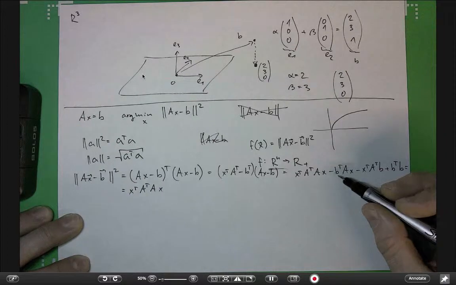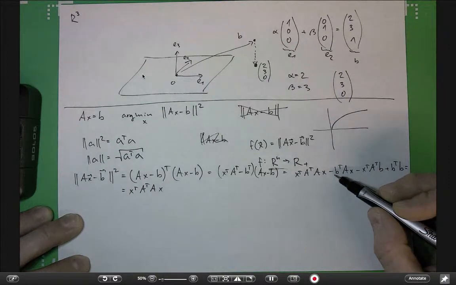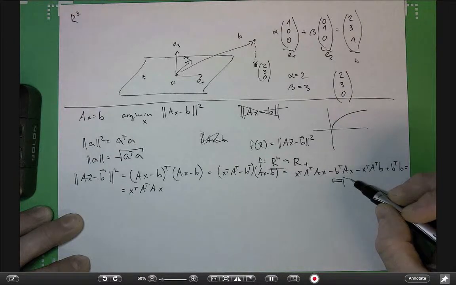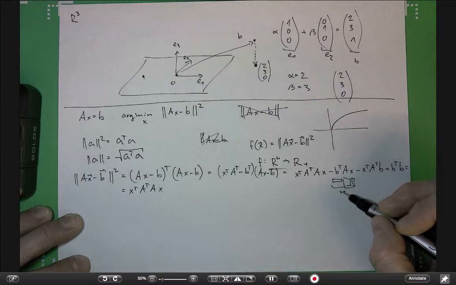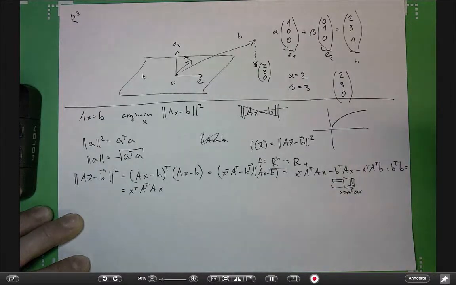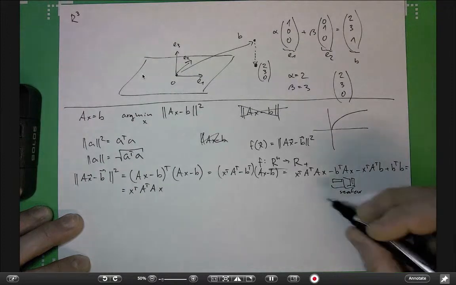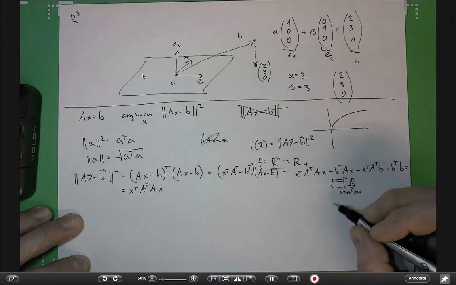And notice this. What is this thing? This thing is a row vector times some matrix times a column vector. So this thing is just a scalar, right? And a scalar transposed is the same thing, right?